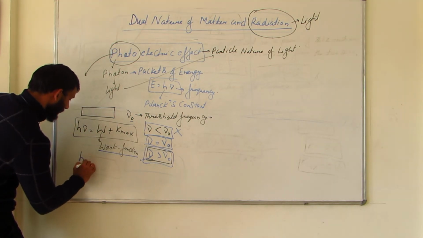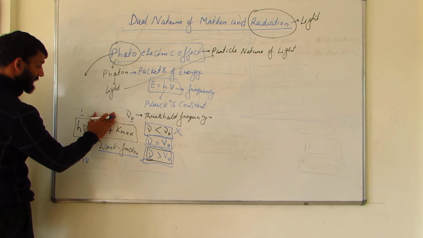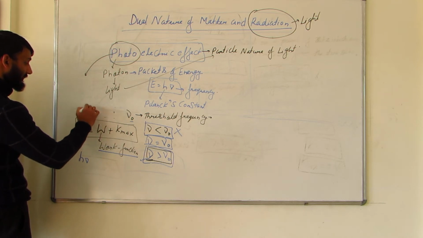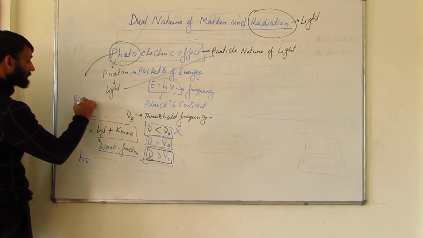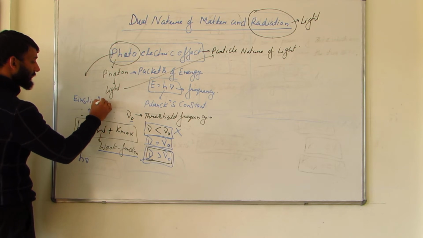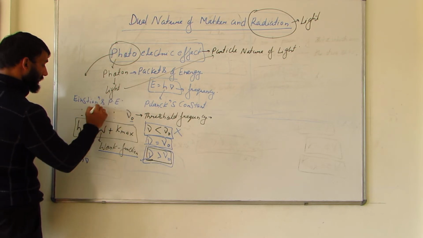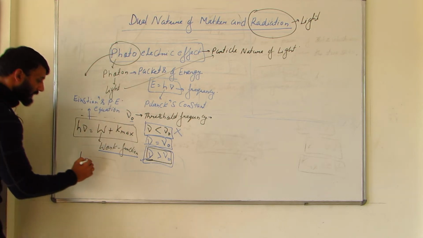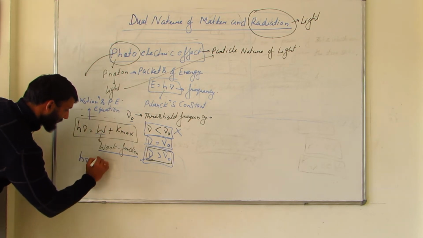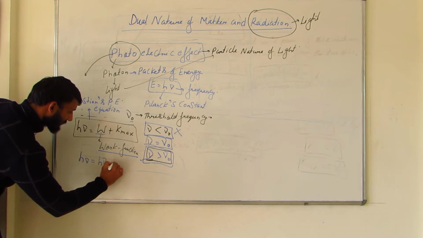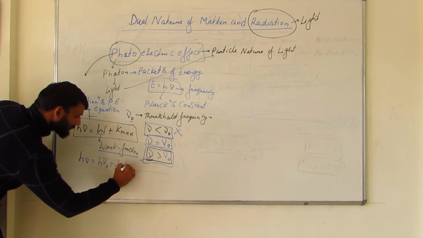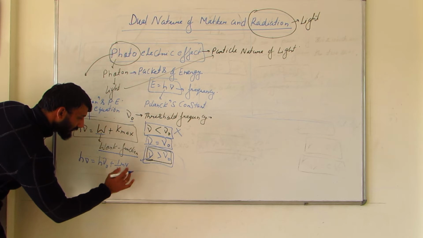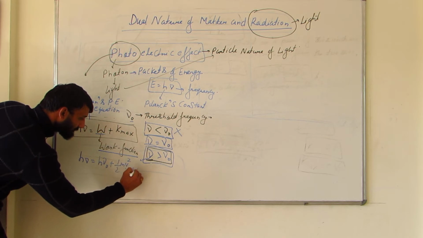Please keep one thing in mind, that this equation is known as Einstein's photoelectric equation. So this W, the value of this is h nu naught, plus half m v square max.